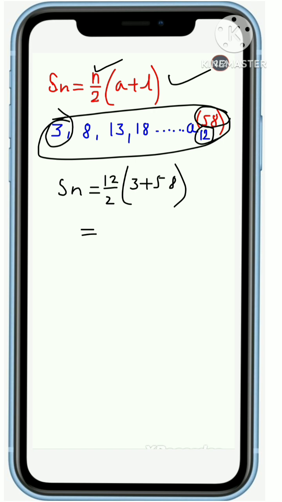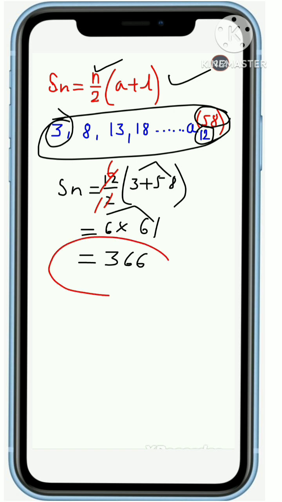Now 2 1s are 2, 2 6s are 12, and here remains 6 into, after adding these two we obtain 61. Now finally after multiplying these two we obtain 366. In this way we can find the sum of a finite AP by using this formula.